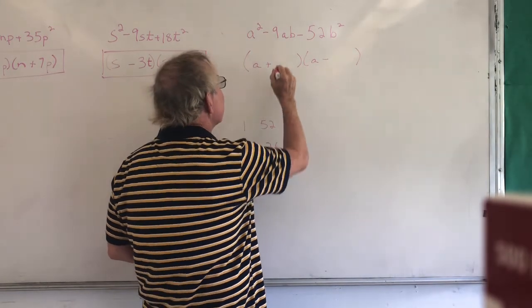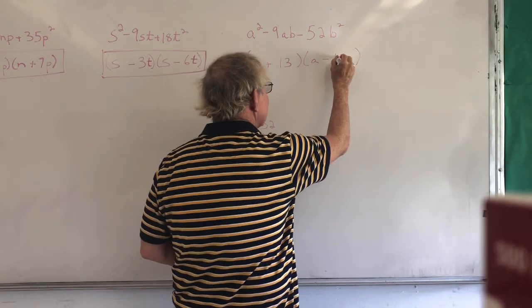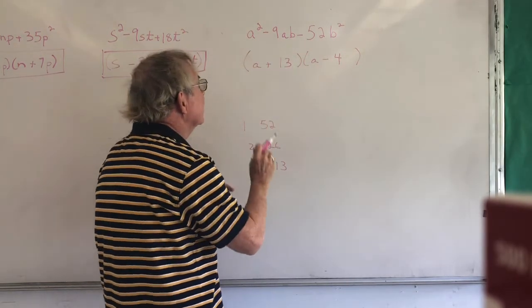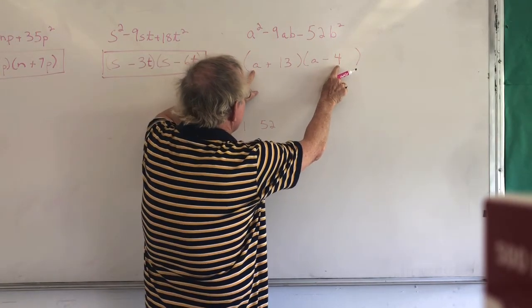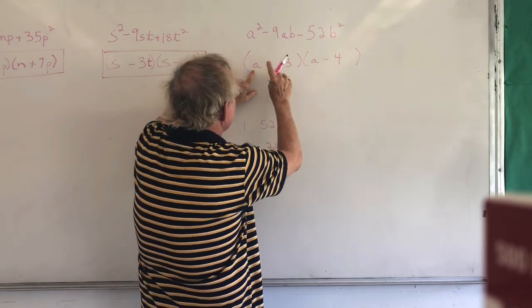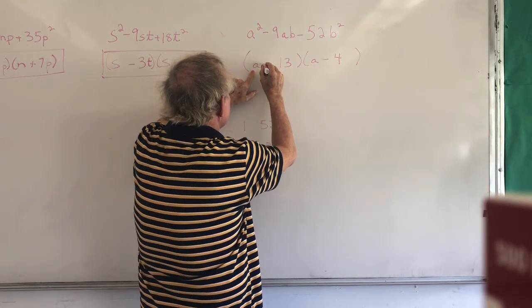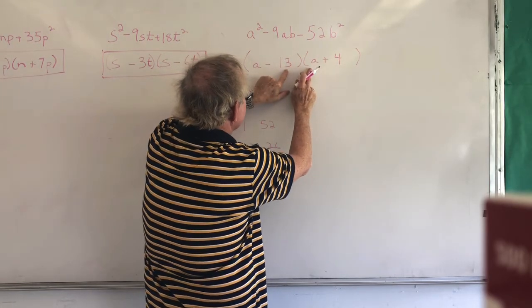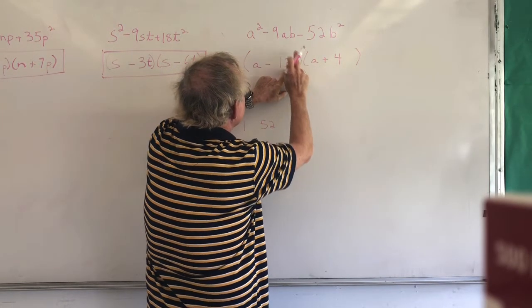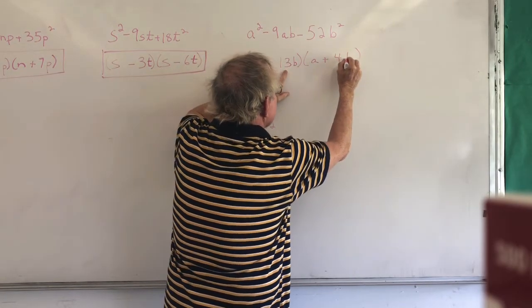Now, if you randomly put it like this, which sometimes I've seen, I'd say, wait a minute. That'll be 13, and that'll be minus 4, which is positive 9. You need negative 9. So let's make this negative and this positive. Now that'll give you your negative 9, but you need to get the b in there. So we put the b and the b.